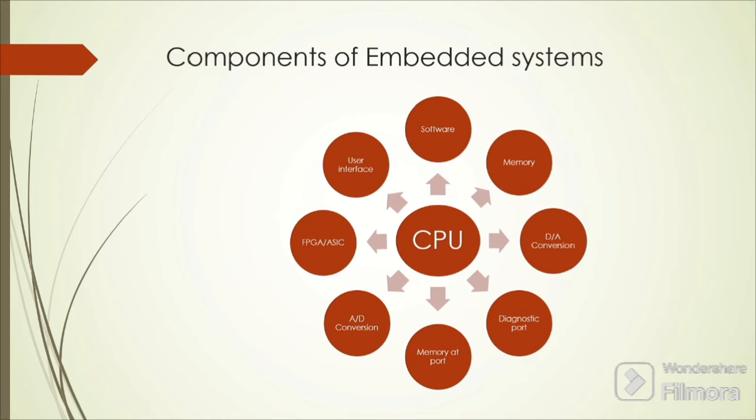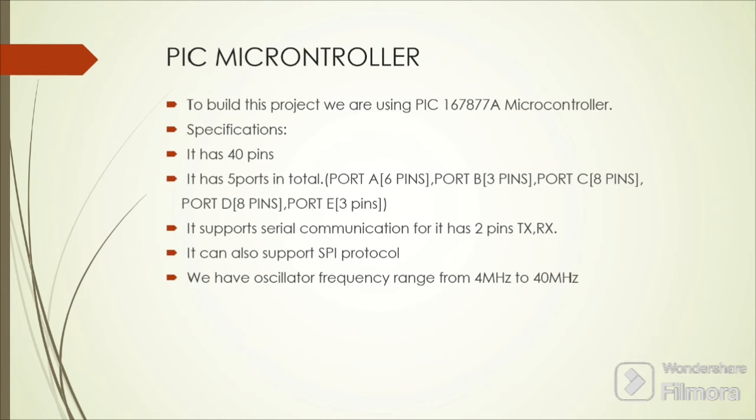And coming into the pin description, it has 40 pins and consists of 5 ports in total: port A, port B, port C, port D, and port E. Port A consists of 6 pins, port B 8 pins, port C 8 pins, port D 8 pins, port E 3 pins, and also extra pins for the power supply and the ground and for running.